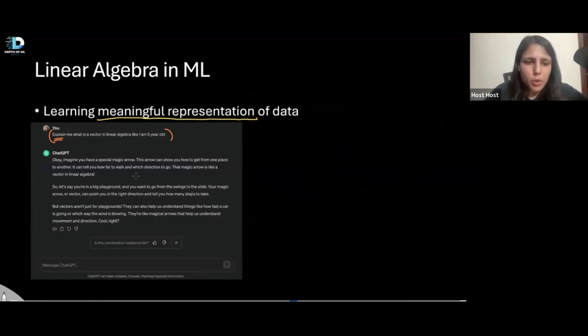And you can see the response is pretty cool. It's explaining the vector in a form where, like a 5-year-old, I only know about swings and I always want to go to a swing. So it comes to this very good answer, but how? How does a machine which understands only binary know what I'm asking?